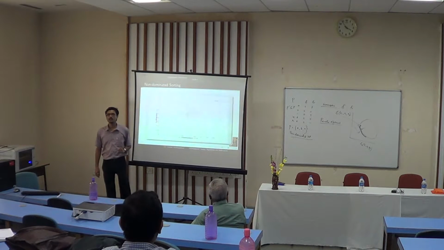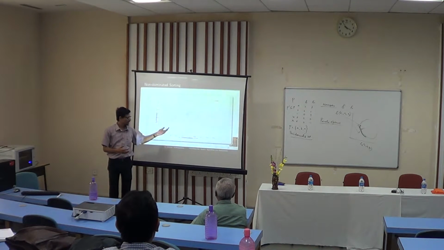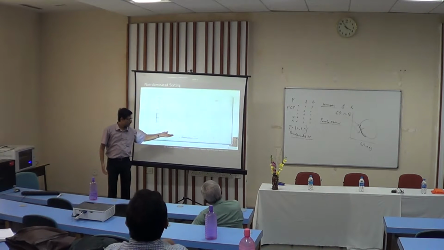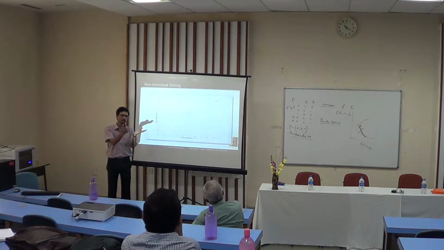Sir, are we considering only the minimum case? Just for example, but this should be generalized. Generalized in the sense that instead of two objective functions, you can have several other objective functions. And instead of both being of the same type, minimization, certain objectives can be maximization, and certain objectives minimization. That can be done.